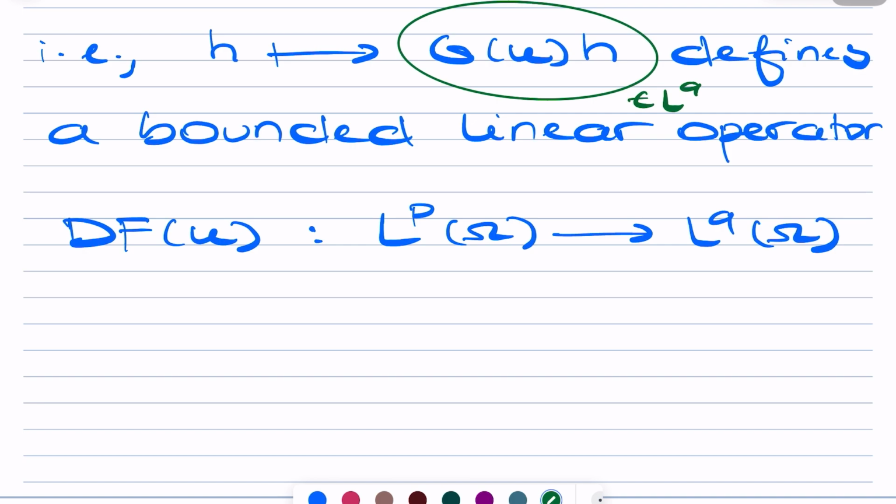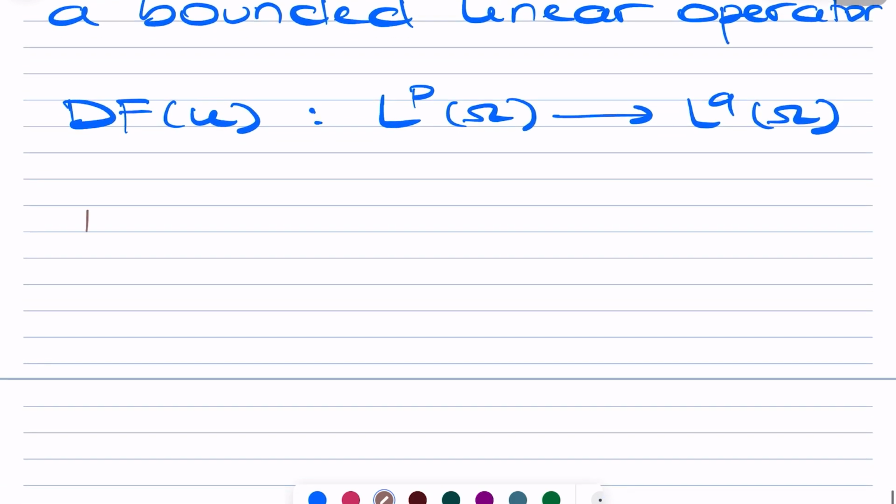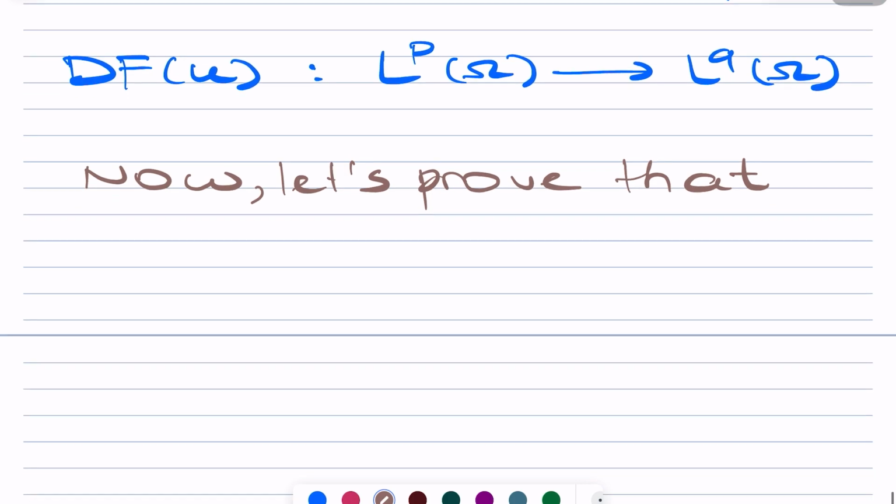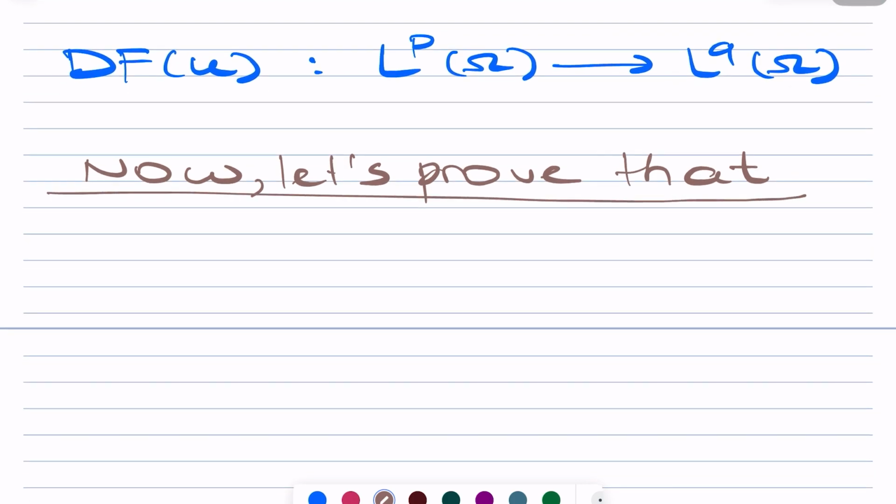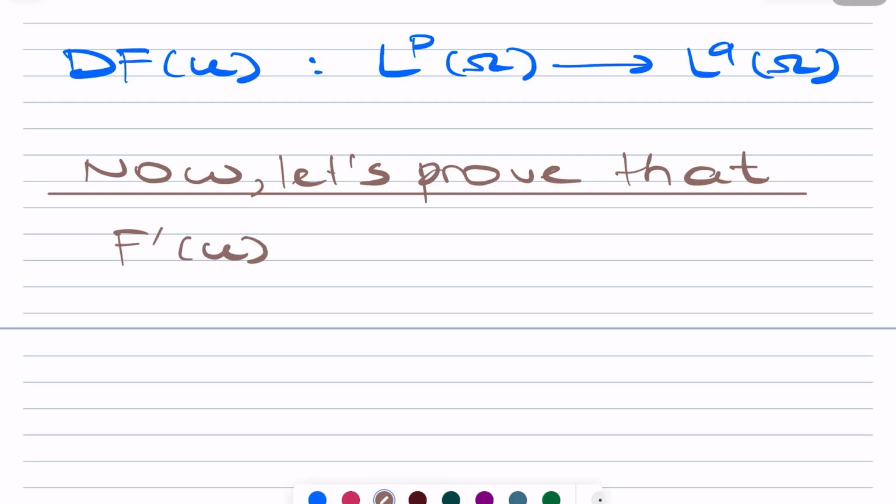Now, to conclude, let's prove that f prime of u applied to h is exactly the f of u applied to h, which is b of u applied to h.